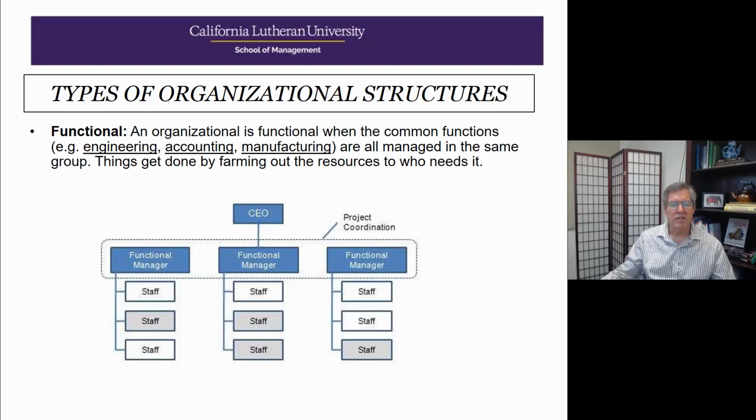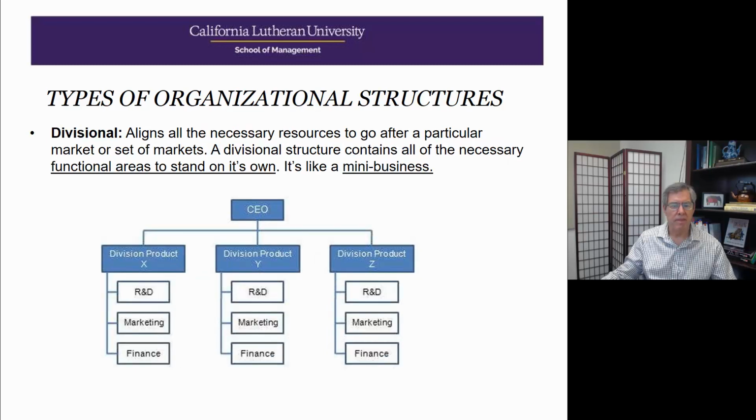An organization is functional when the common functions such as engineering, accounting, manufacturing are all managed in the same group. These things get done by farming out the resources to who needs it. Divisional aligns all the necessary resources to go after a particular market or set of markets. A divisional structure contains all of the necessary functional areas to stand on its own. They're like mini businesses.